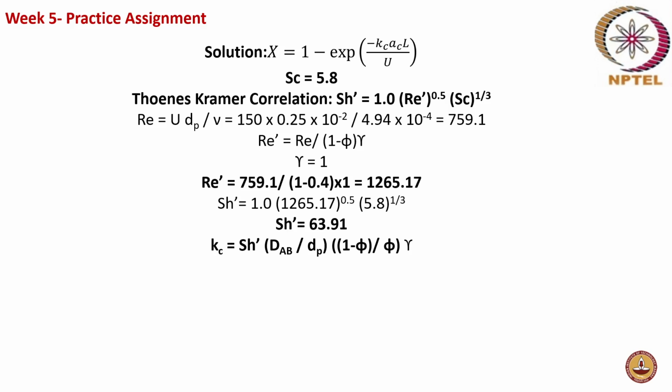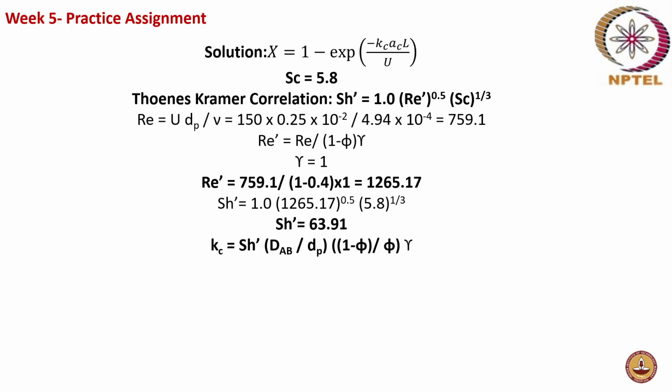So compared to the cylindrical particle, when calculated for a spherical particle, you find that the modified Sherwood number is 63, whereas in the previous case it was 70. Okay, now let's see what the impact is on the conversion.